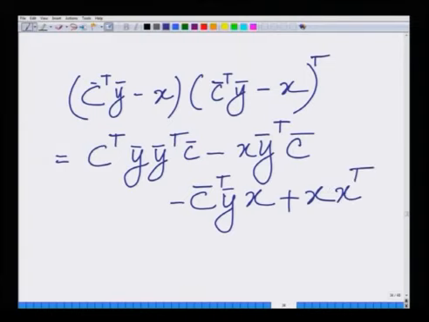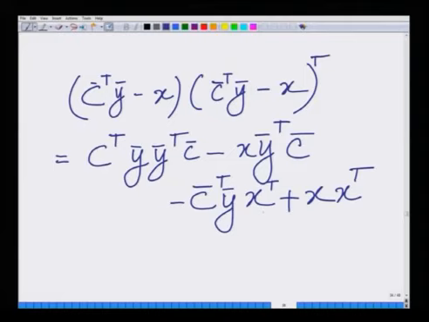So, this is C transpose y transpose C bar minus x y transpose C bar minus C bar transpose y into x transpose, but x is a scalar, so it does not really matter, plus x transpose.